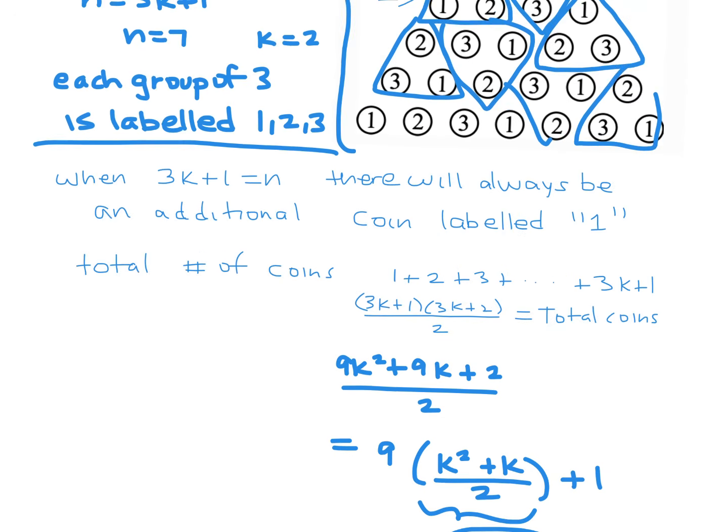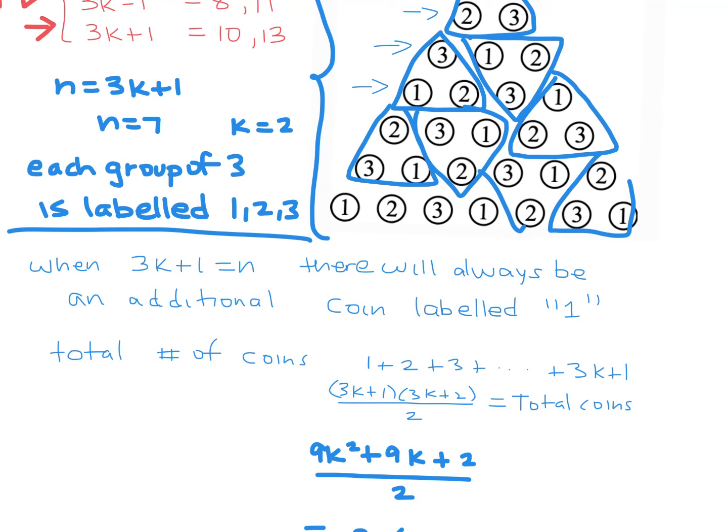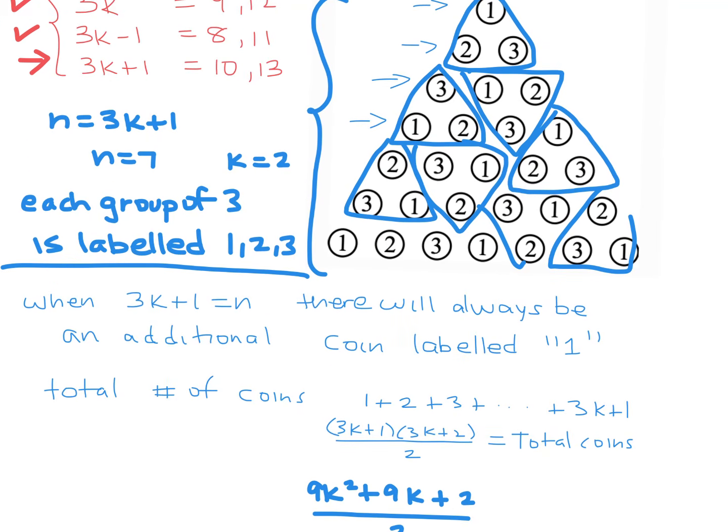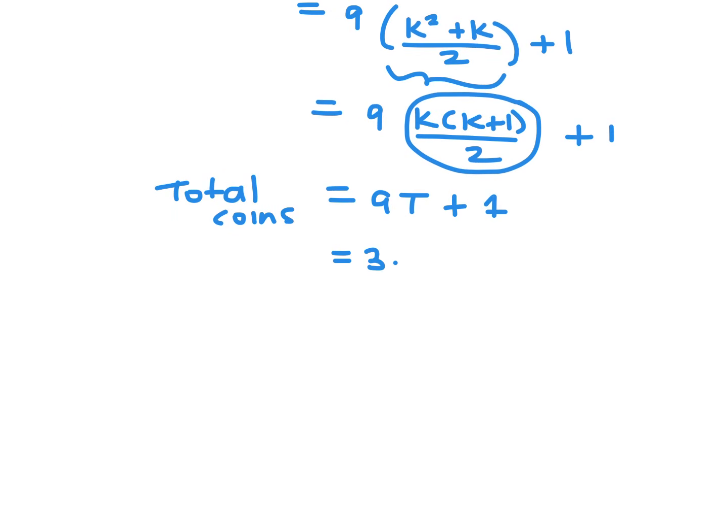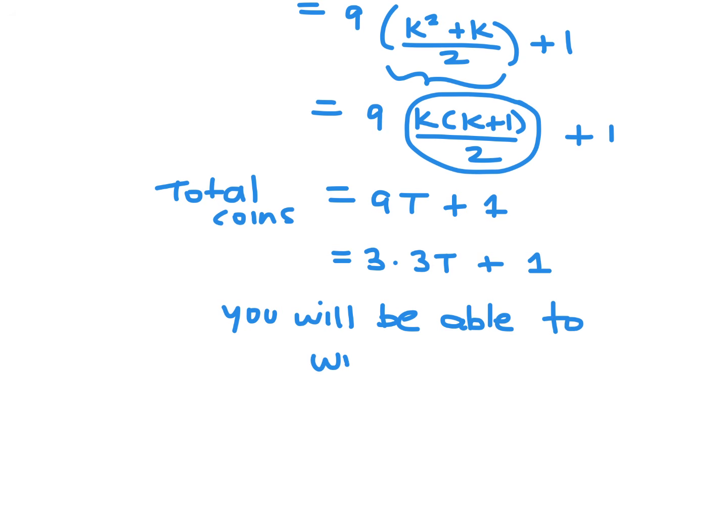And that's important because multiples of 9 really are multiples of 3. So it's kind of like 3 times 3t plus 1. So you're going to have multiples of 3, and then you'll have one additional coin. So you will be able to win with the multiples of 3, right?